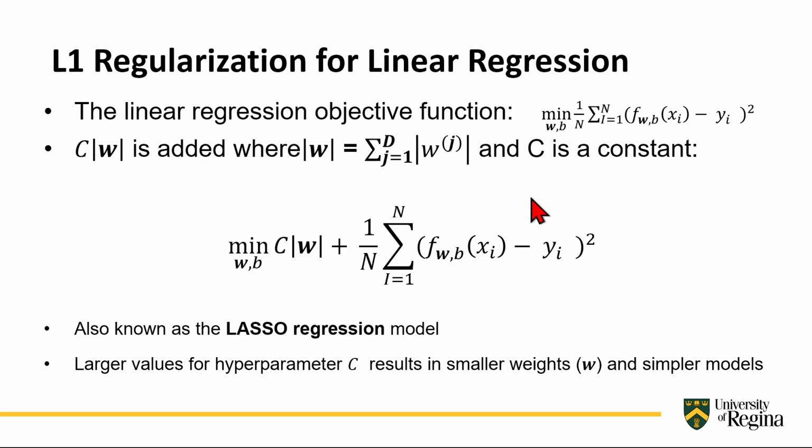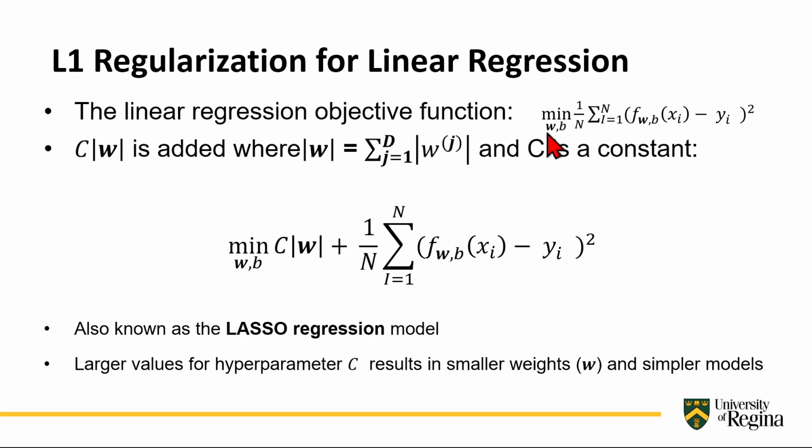In L1 regularization for linear regression, we add a term C times the norm of W. This term is calculated as the sum of the absolute values of all the weights of all the features, and C is a constant.